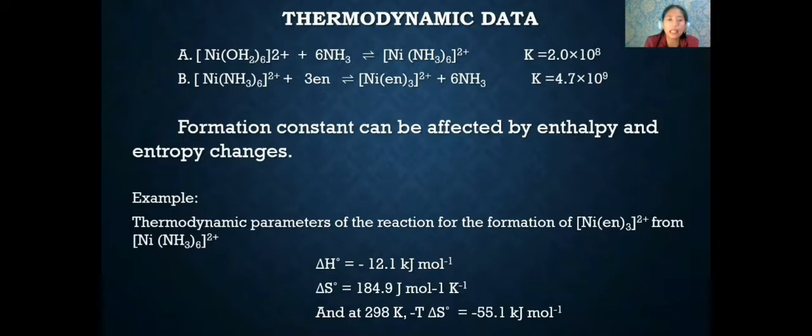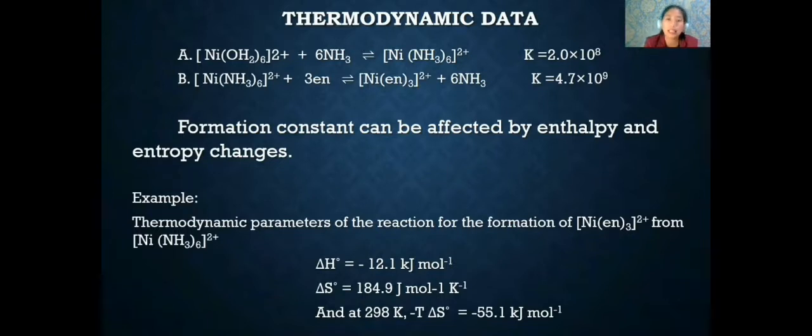So the ethylenediamine ligand displaces the ammonia ligand, because the formation of the tris(ethylenediamine) nickel complex is greater than reaction A. So reaction B is more favored, or more stable, than reaction A.